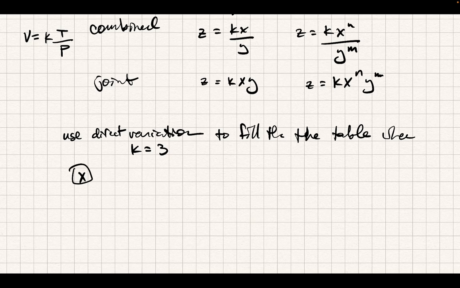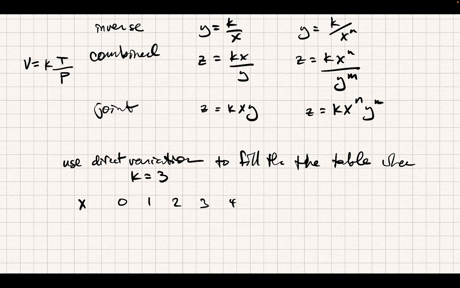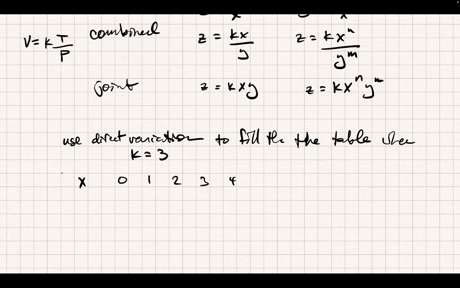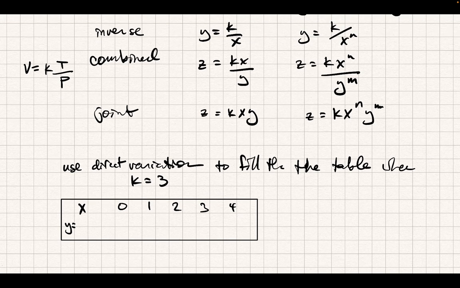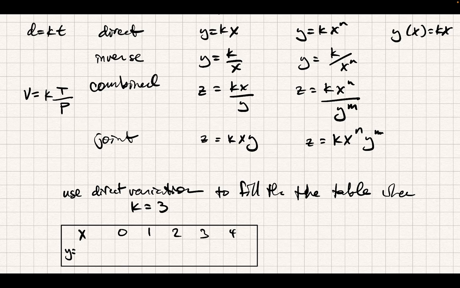So if my input is x and I say 0, 1, 2, 3, 4, what's my y if I'm using direct variation? I'm gonna make a table. What's my y? 0, 3, 6, 9, 12.